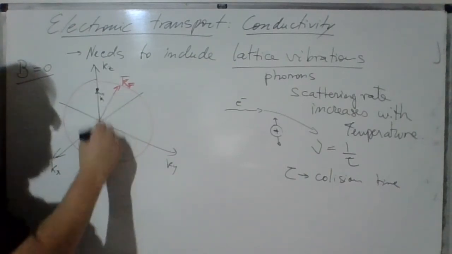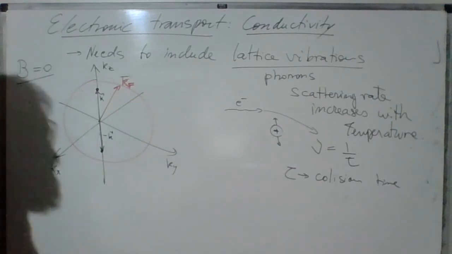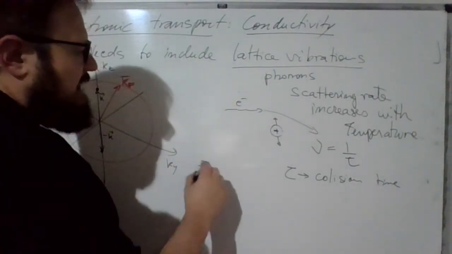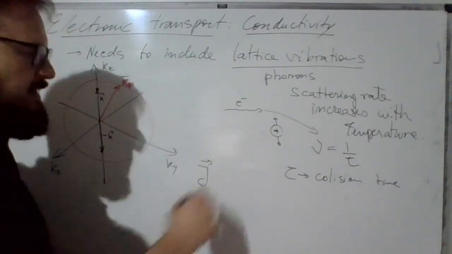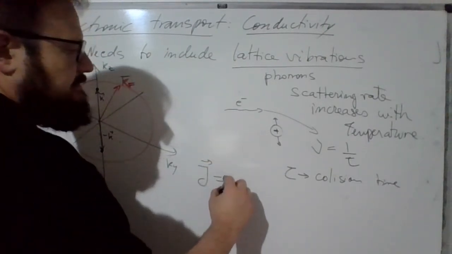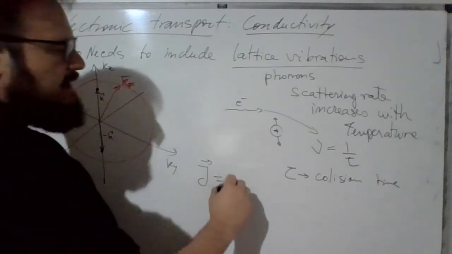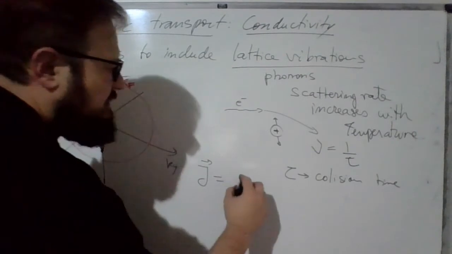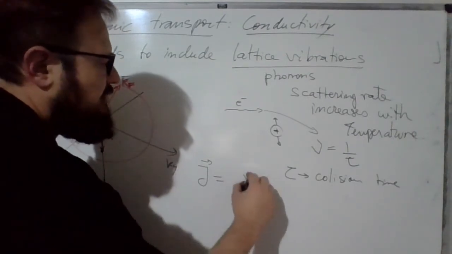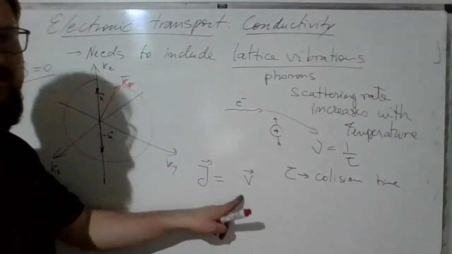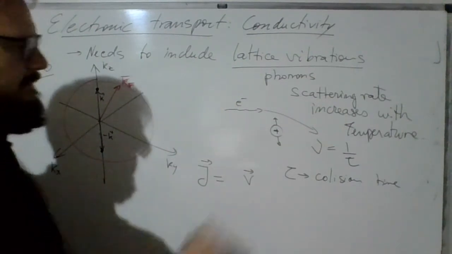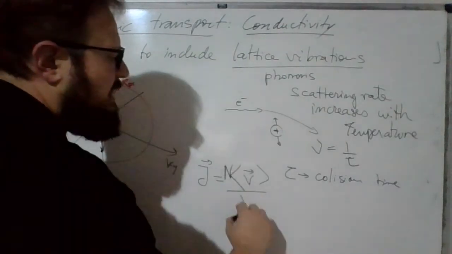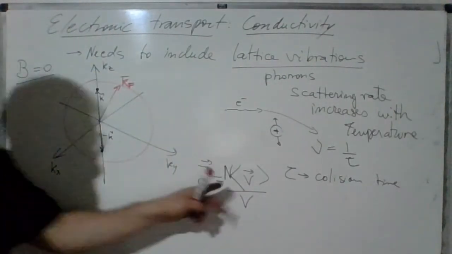This is k, this is minus k. Okay, so if you want to calculate the current density, the electrical current density, you need to calculate the average of the velocity operator times n particles divided by the volume, something like this.